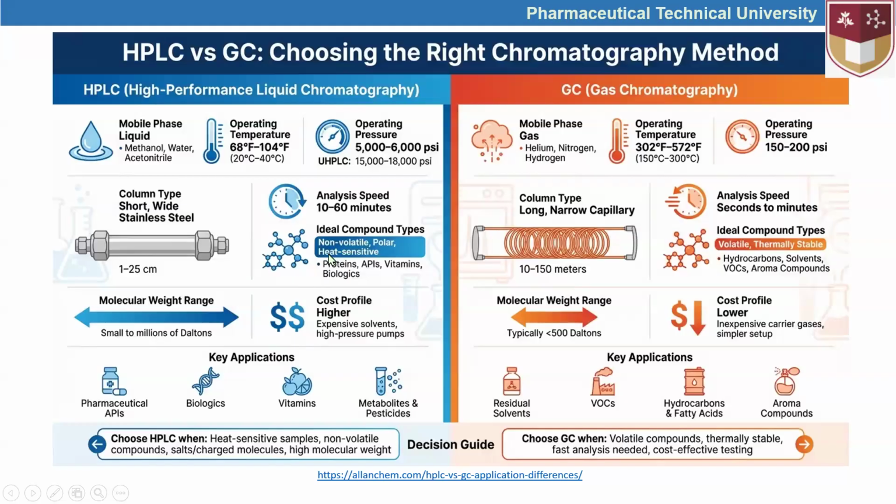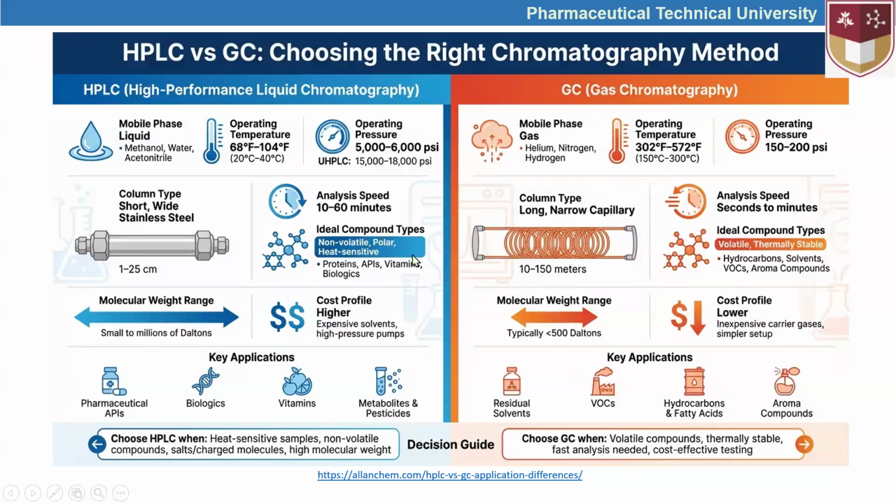And the analysis speed. Analysis speed in HPLC is between 10 to 60 minutes, in general 20, 25, 30 minutes. And in GC, it is seconds to minutes. It's much shorter compared to this one.